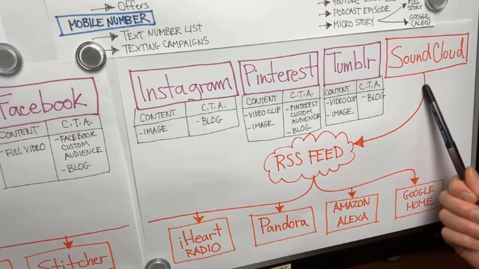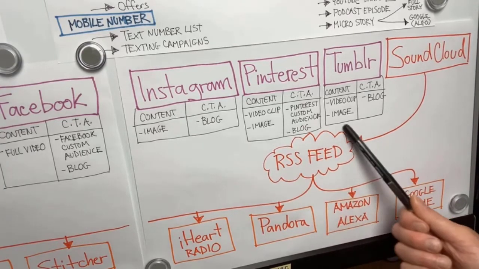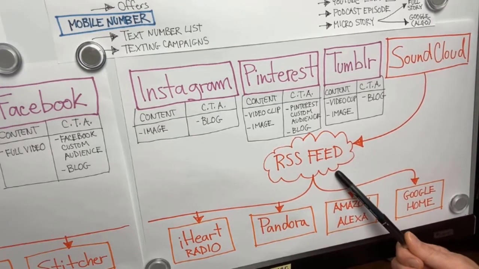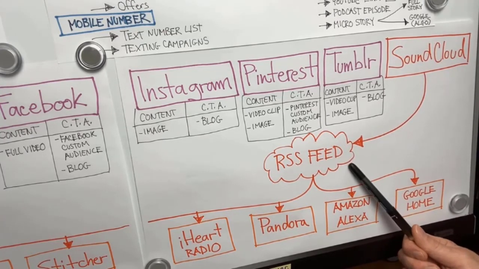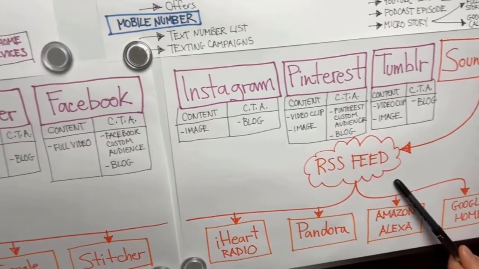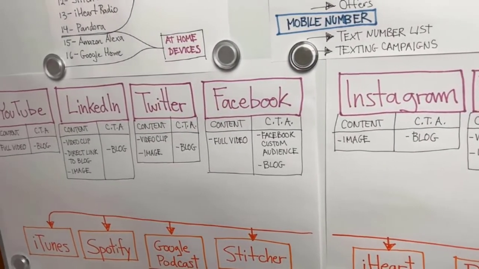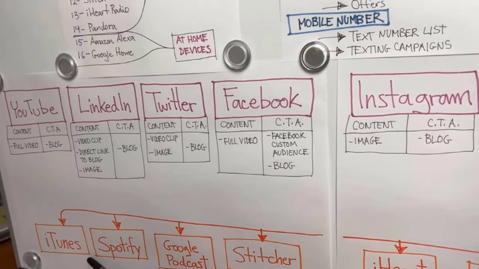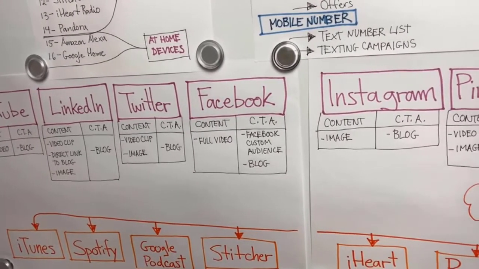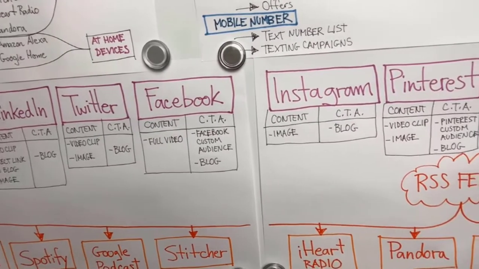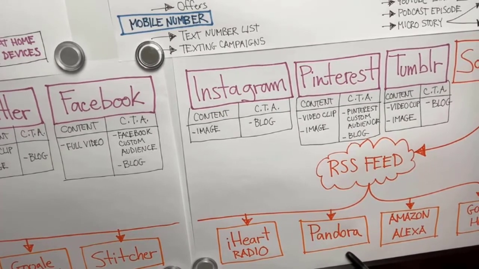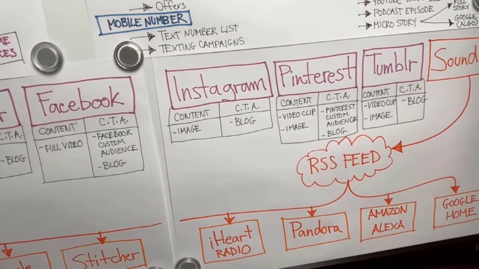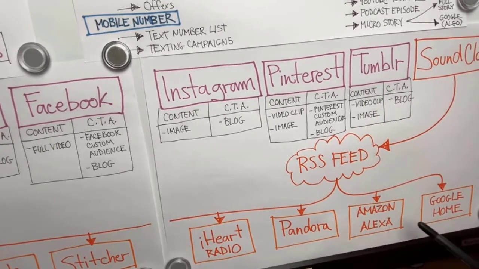My podcast episode is fed to the RSS feed, my RSS feed, and that RSS feed automatically spits out my podcast to the following podcast platforms, starting with iTunes, Spotify, Google Podcasts, Stitcher, iHeartRadio, Pandora, and then the RSS feed also automatically feeds the home devices, Amazon Alexa and Google Home.